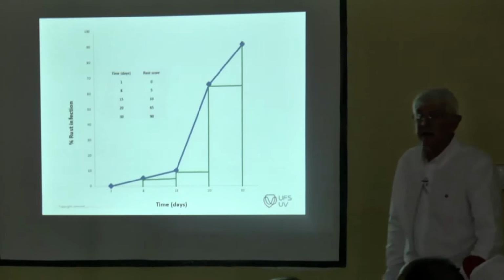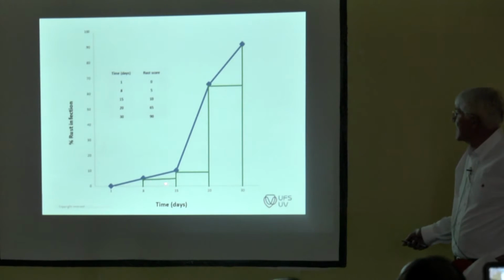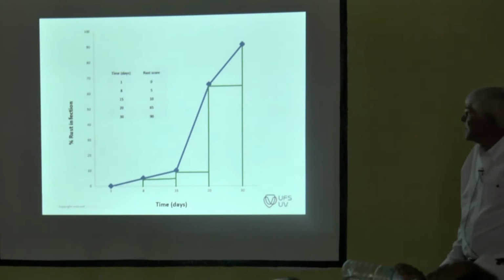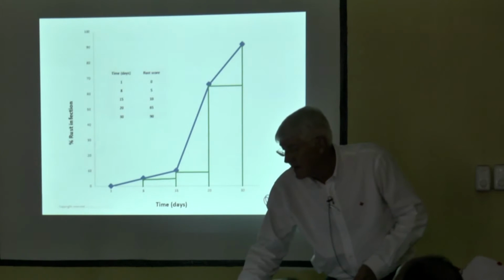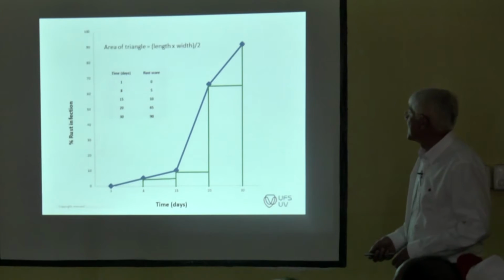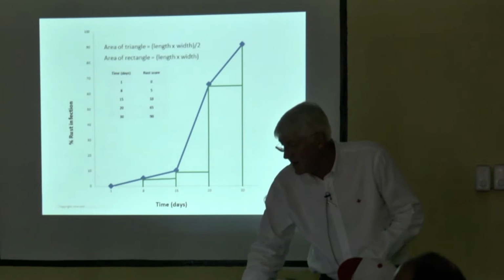Now, if we divide the area under the curve into a series of triangles and rectangles, you can do it by hand, because we all know how to calculate the area of a triangle. It's length times width divided by 2. And obviously the rectangle would be the same, but we don't divide by 2.